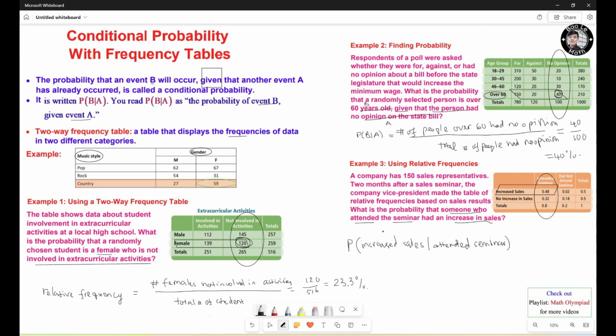I call this event B and I call this event A. So it's going to be A and B right here, 0.48. So it's 0.48 divided by the total number of people who attended the seminar, which should be 0.8 right here. So it's going to be 0.6, or 60%. And it's a good time to stop.